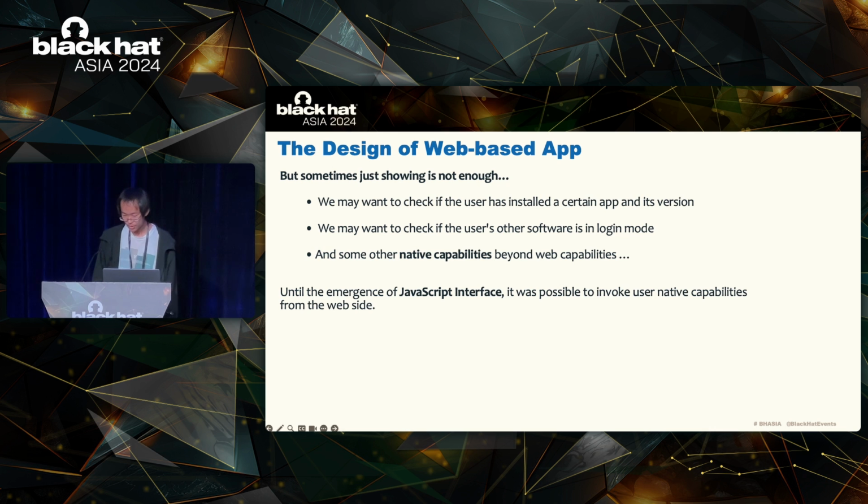Sometimes developers not only want to display web content, but also interact with their local resources. Therefore, web components also come with a JavaScript interface, which can give JavaScript the ability to call native code.